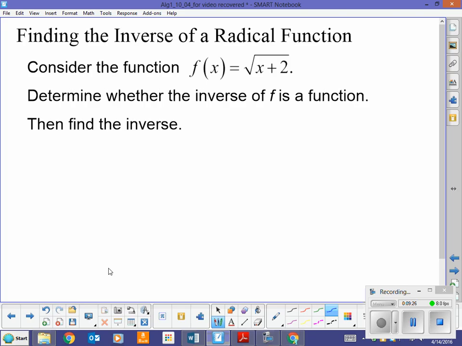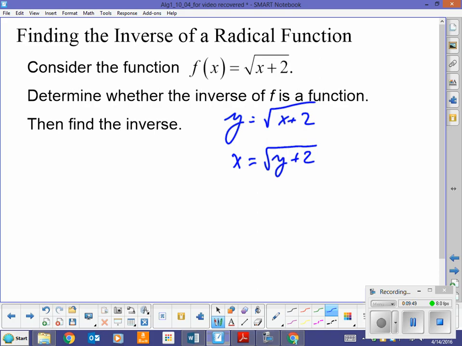Okay, so the last type of function we're going to look at here is the radical function. Determine whether the inverse of f is a function, then find the inverse. So let's take a look at this. Let's just go ahead and do this here. So y equals the square root of x plus 2. And I'm going to reverse the x and the y. I'm going to switch them. And now I'm going to solve for y.